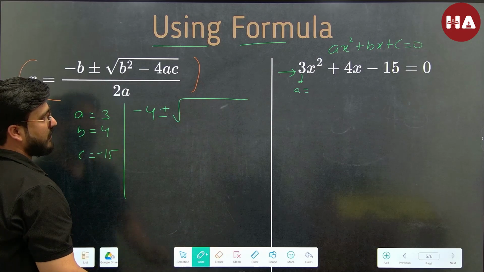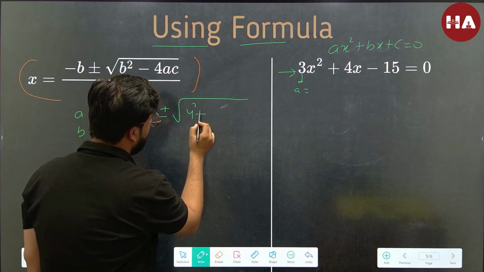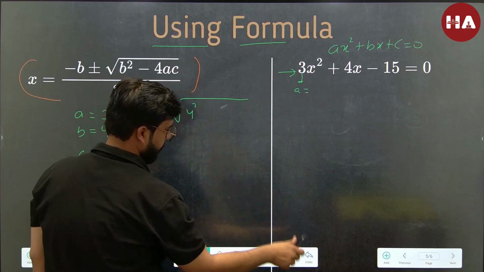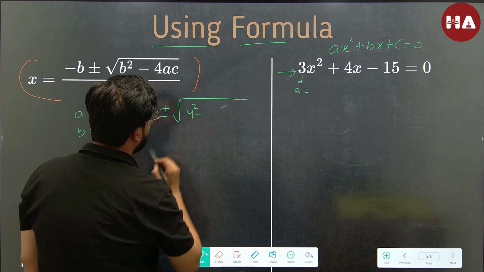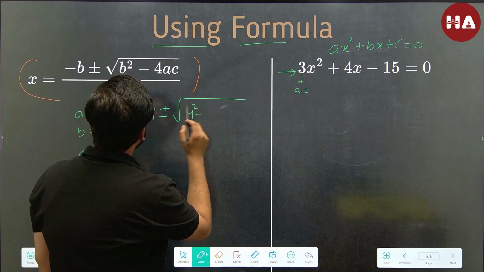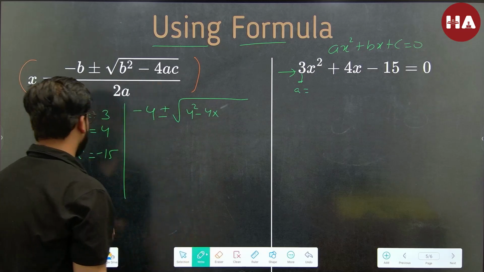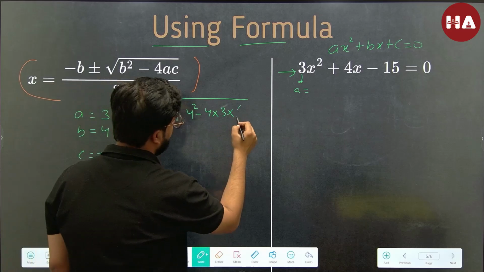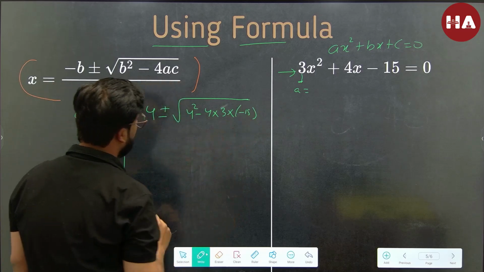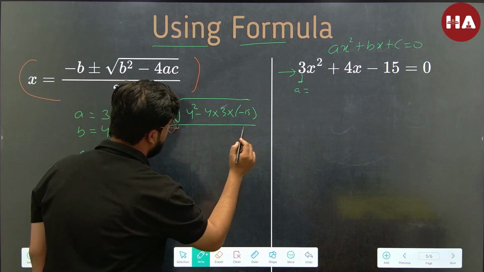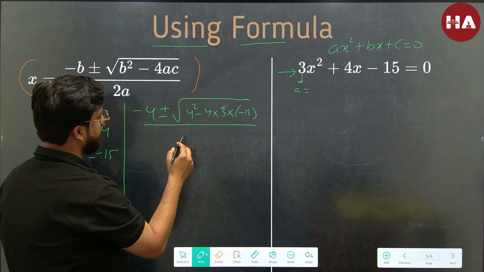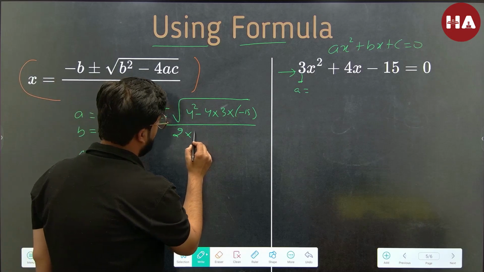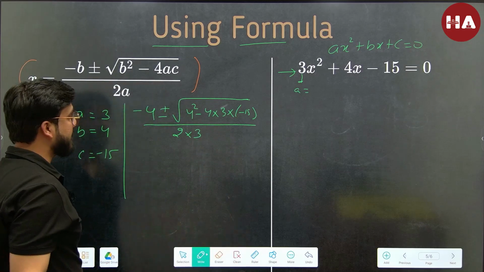That is, b square is 4 square, minus 4 multiplied by a, which is 3, multiplied by minus 15, as we have taken minus 15 as the value because it was given in the question, divided by 2 multiplied by a, the coefficient of x square, which is taken as 3.